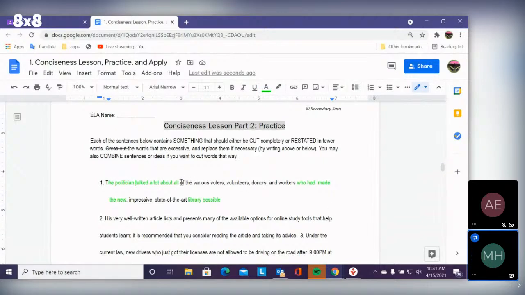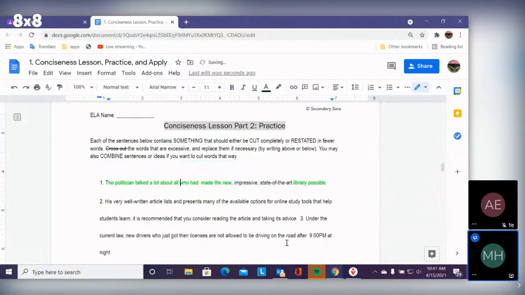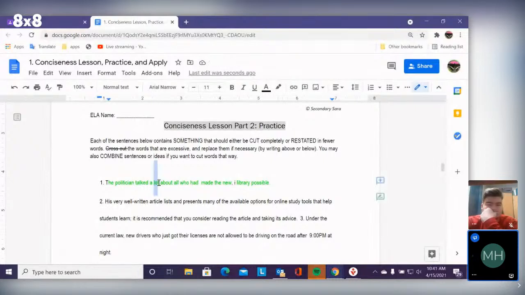Matter of fact, let's get rid of this right here. You got to go bye-bye. And you go bye-bye too. There you go. Politician talked a lot about all who had. Or how about he talked about all? You don't have to say he talked a lot. You can get rid of that.